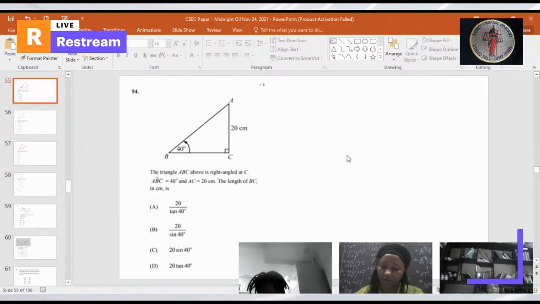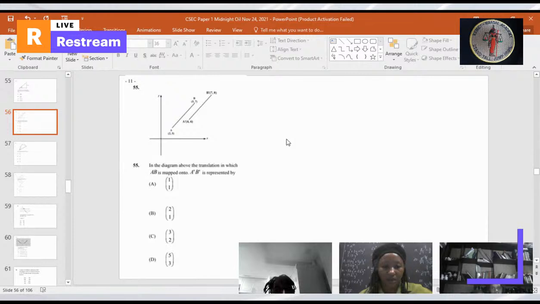We would write tan 40 equals 20 over BC, right? Yes, miss. So BC would be 20 over the tan of 40, so that's A. Tangent is opposite over adjacent.